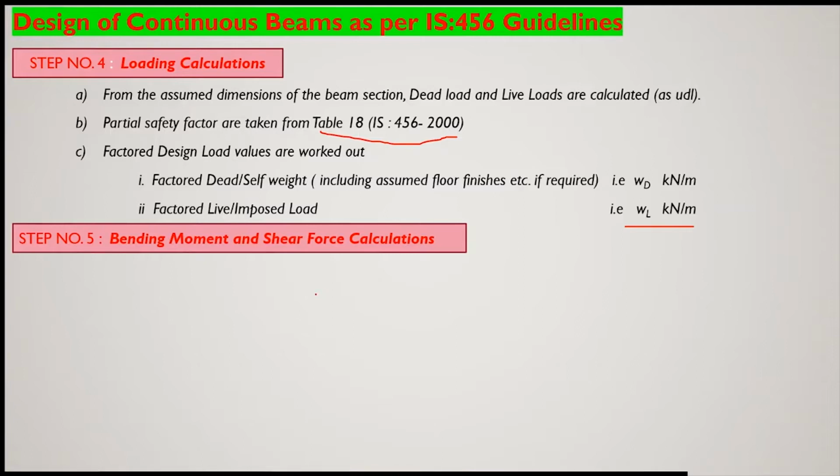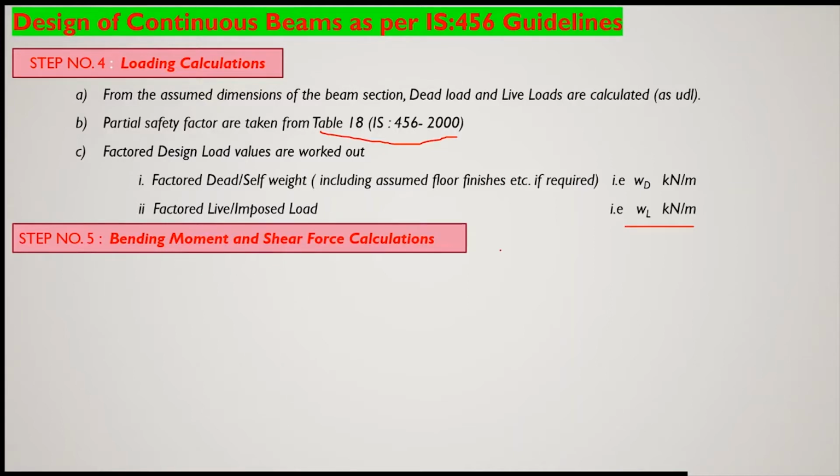As we have already discussed, a continuous beam which has more than one span is an indeterminate structure. So either you have to use an indeterminate method to calculate the bending moment and shear force, like the Kani method, moment distribution method, or any other relevant method.